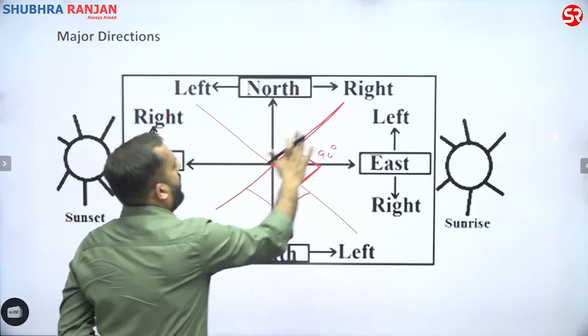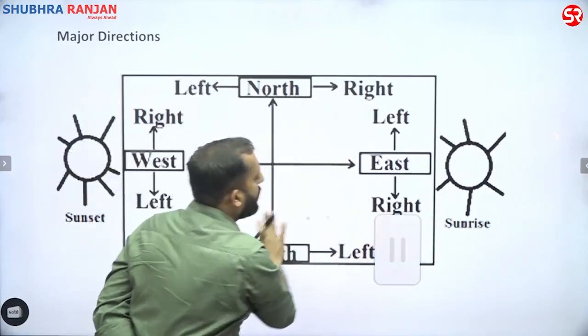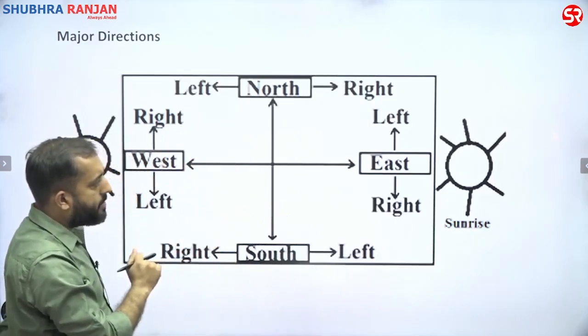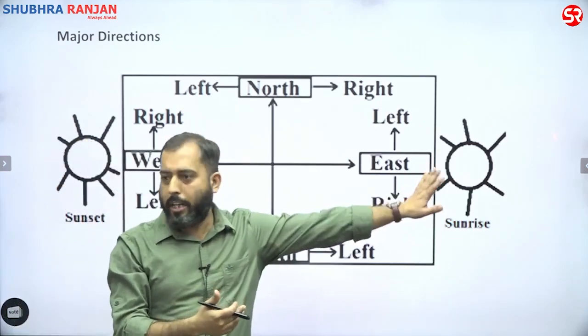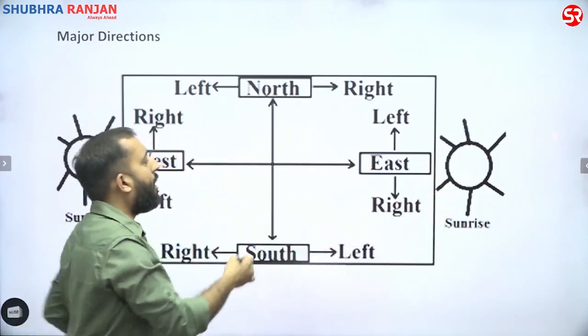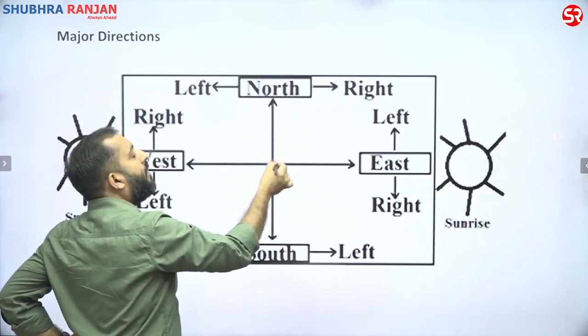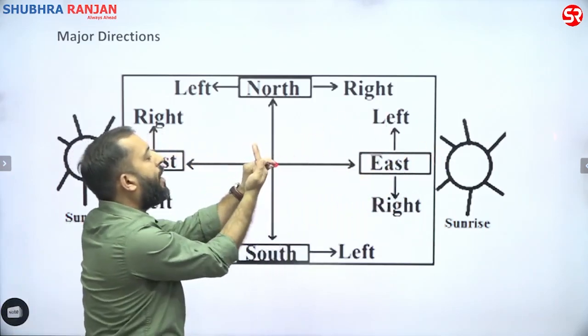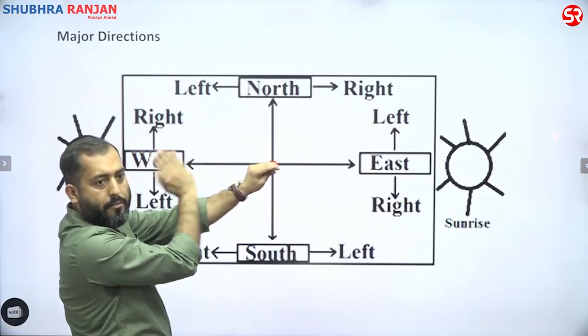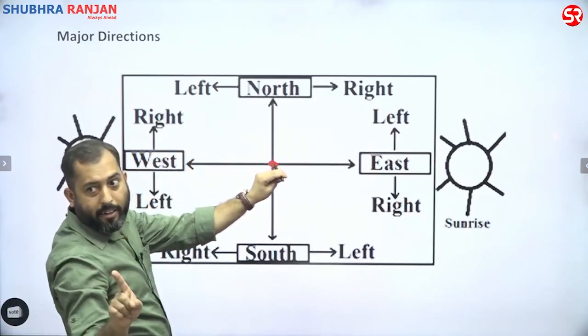Okay. And the next thing is, in the morning, the sun is in the east direction. So if you are standing at a point and the sun is in the east, then your shadow will fall towards west. Agreed?